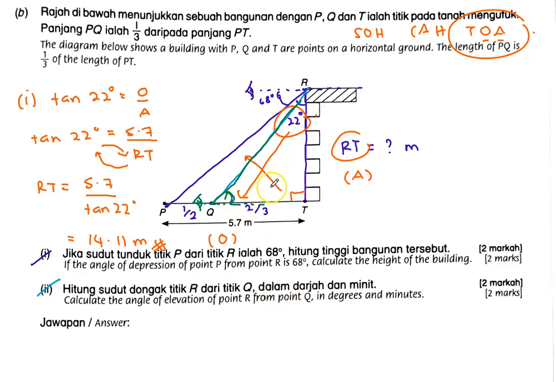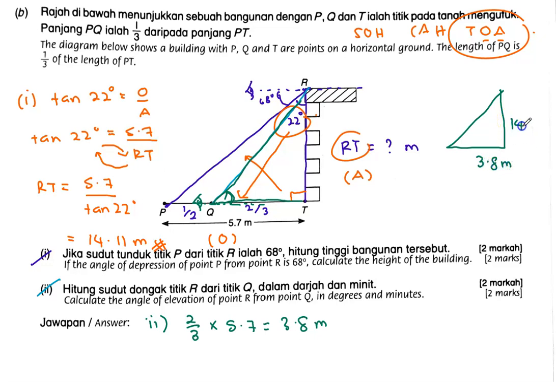Again, for question number 2, how do we answer it? I'm going to write it here. We know that 2/3 is the line we need, so 2/3 of 5.7 is actually 3.8 meters. Let me just redraw this again. This is 3.8 meters with 14.11 meters.